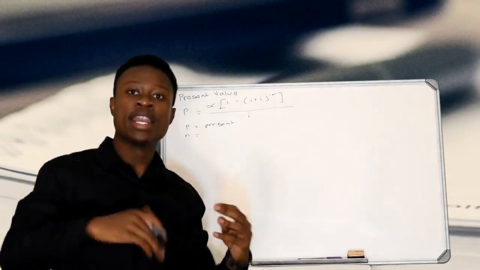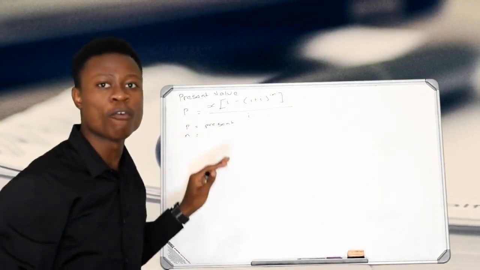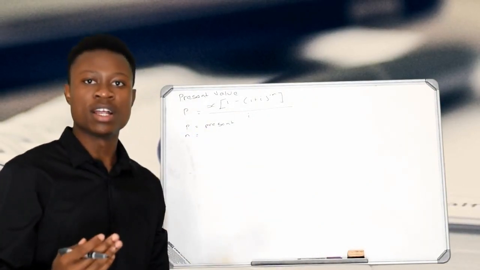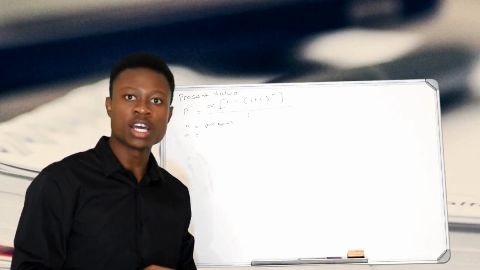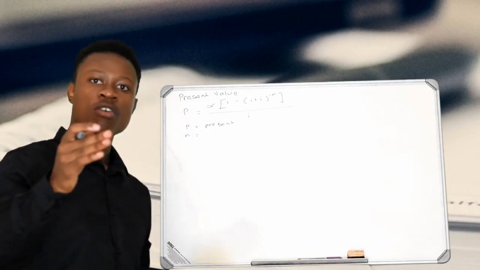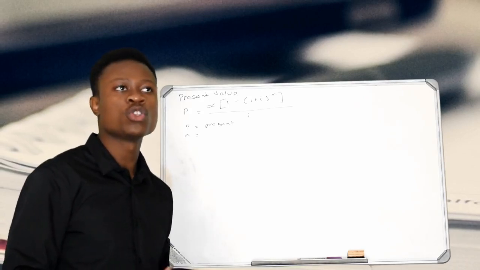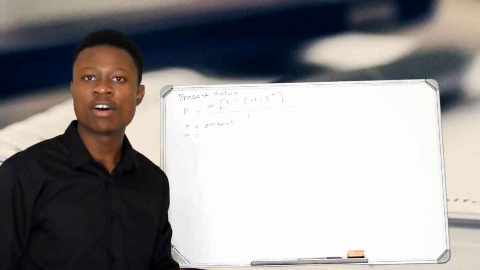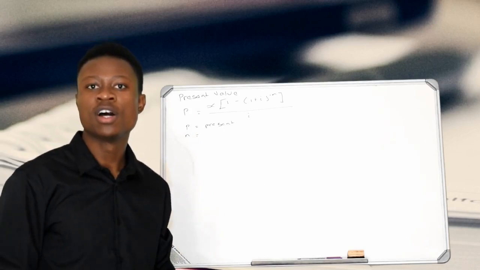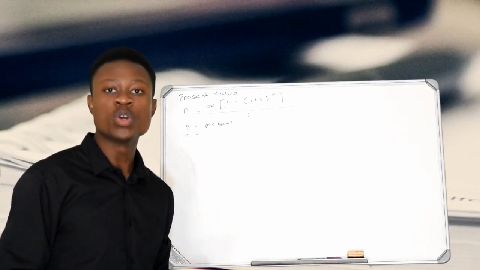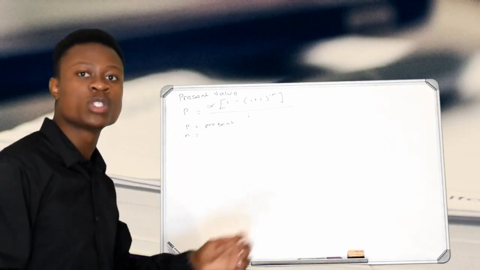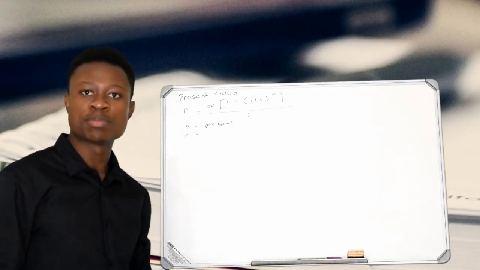Last time it was just number of payments. But now it's the number of payments that are remaining. So let's say it's a five-year duration loan, and after 2 years they ask you, how much does he still owe? What you do is, you don't just say 2 times 12, let's say if it's monthly.